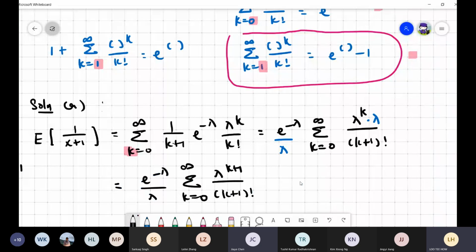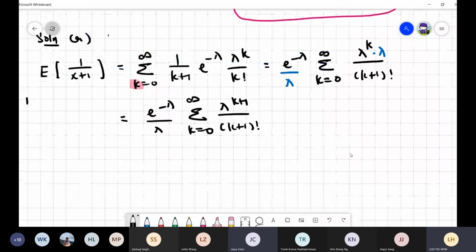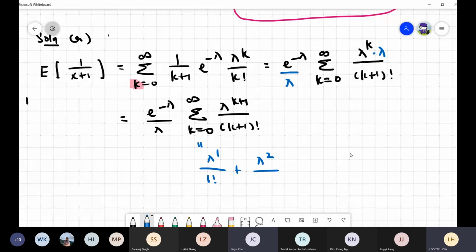The next thing is just playing a game with the symbols. What you need to do is look at this part. This begins with 0, so k runs from 0, 1, 2, 3, 4, and so on. So this ends up being lambda to the power of 1 over 1 factorial, plus lambda squared over 2 factorial, plus lambda cubed over 3 factorial, plus lambda to the fourth over 4 factorial.